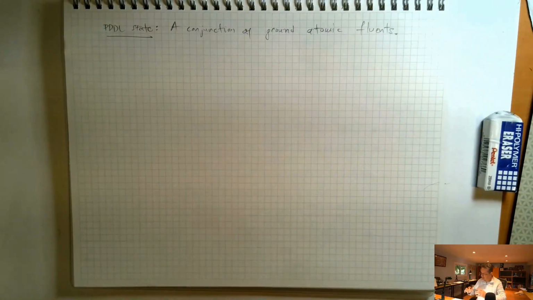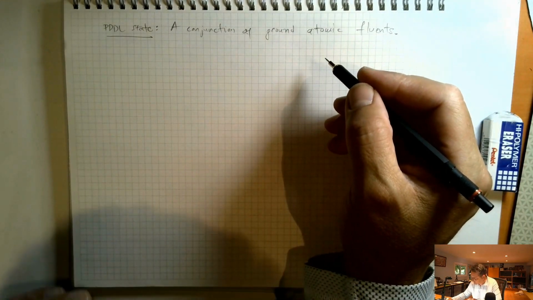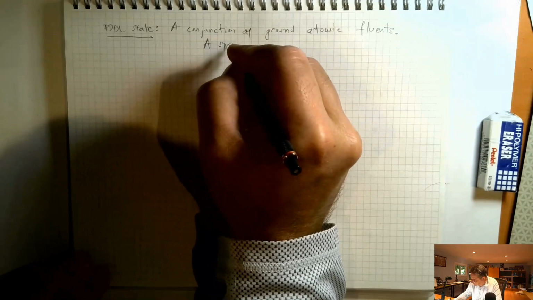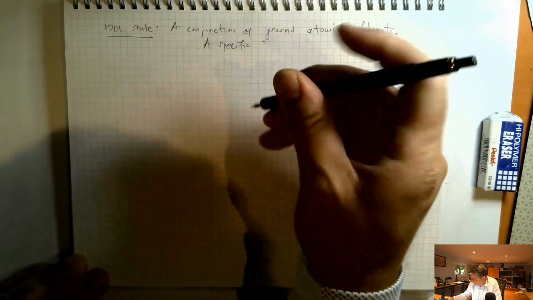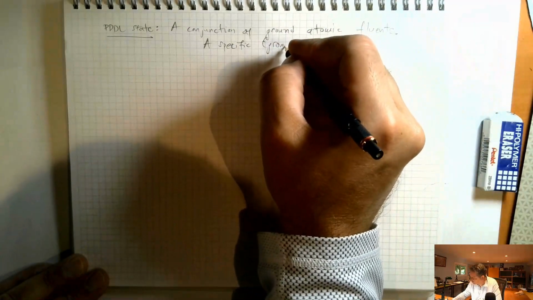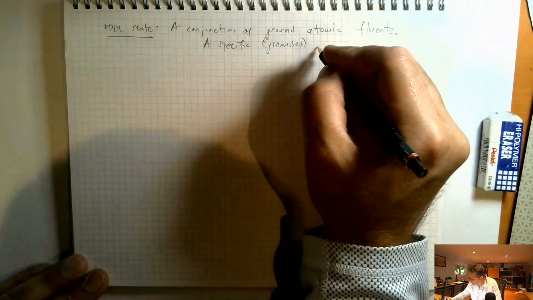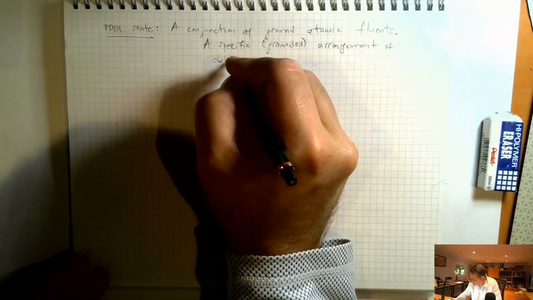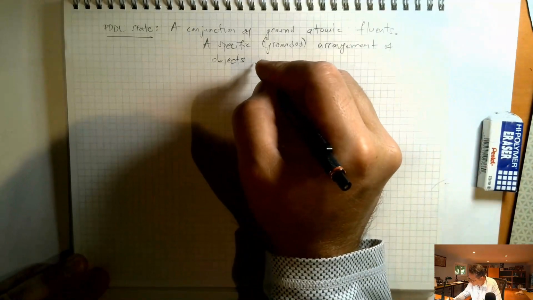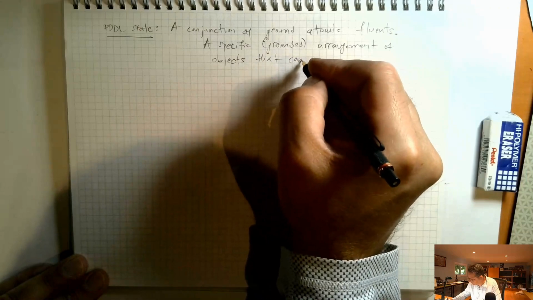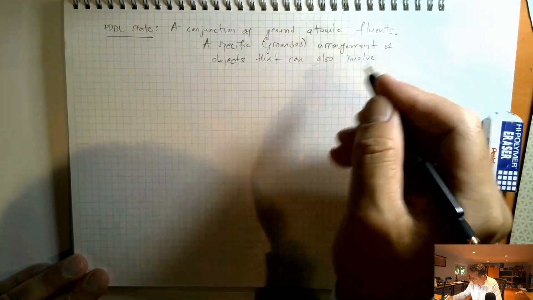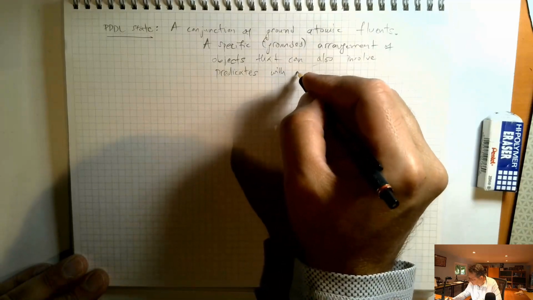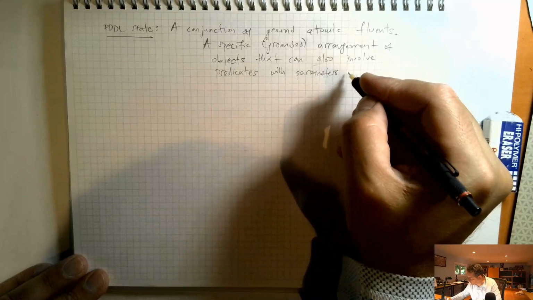And this basically looks a bit more complicated than it is, but what it ends up being is a specific grounded arrangement of objects that can also involve predicates with parameters or arguments that are constants. That's where the ground comes from.